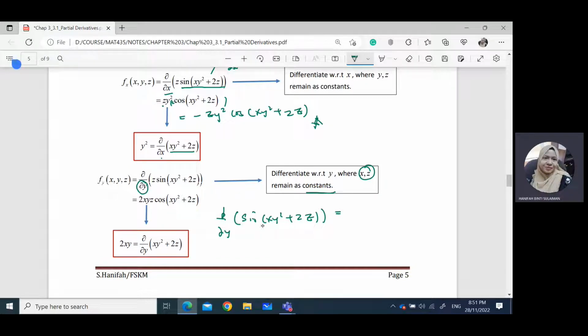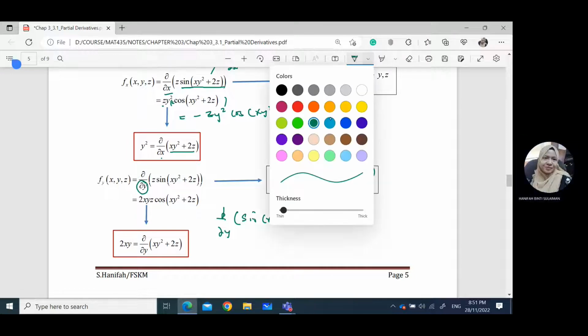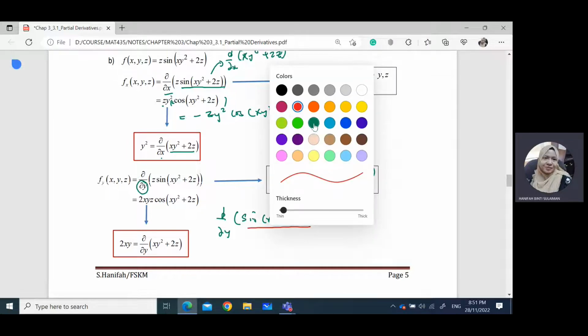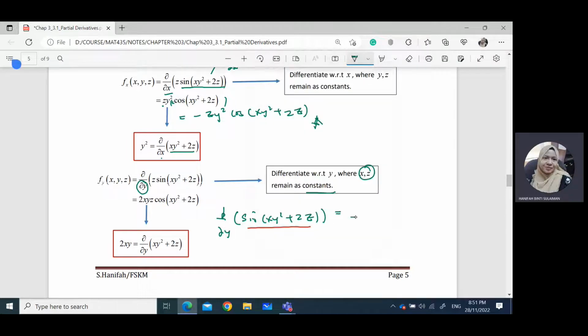Okay, so first differentiate for sine. When you differentiate sine of xy squared plus 2z, we have negative cosine of xy squared plus 2z. And then multiply with the derivative with respect to y for the function inside, which is xy squared plus 2z.